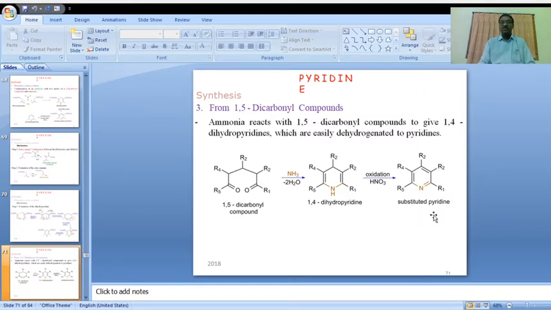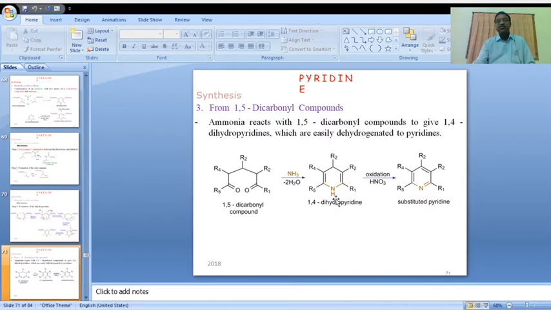In this reaction, please observe, the starting material is a 1,5-dicarbonyl compound, the first place and fifth place, reacting with ammonia. In this reaction there is loss of 2 moles of water molecule. Here 2 oxygens are removed and NH is added and cyclized in this place. The NH heteroatom is involved in the cyclic ring.